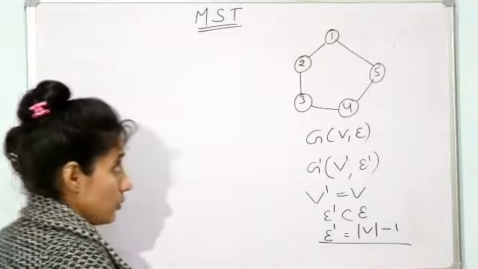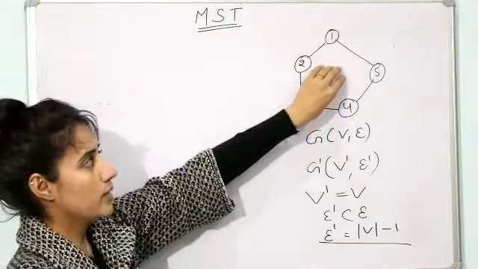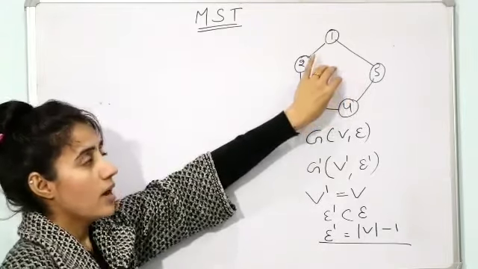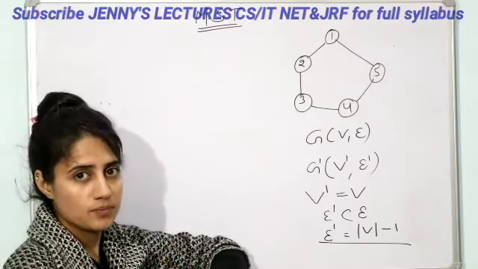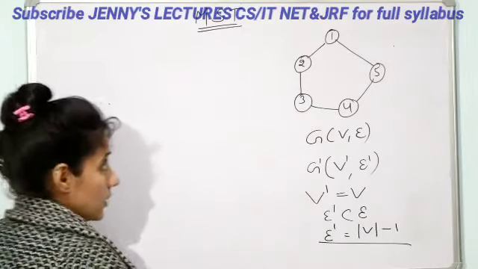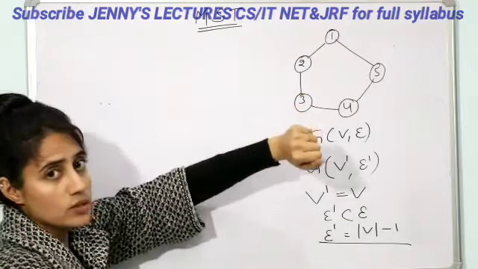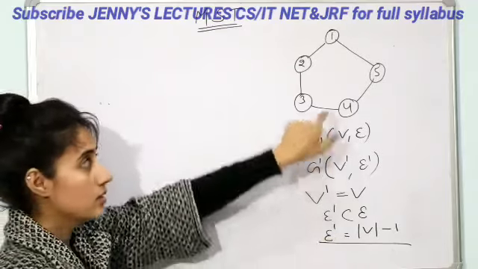Okay. Now suppose this is our graph and you are supposed to draw a spanning tree of this graph. Plus one more thing is, a graph can have more than one spanning tree. Okay. See how to construct a spanning tree of this graph. As we know, a spanning tree contains the same number of vertices as this graph.